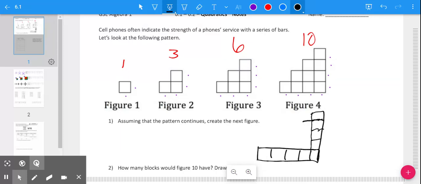So then I'm going to follow the shape of this the rest of the way through. And then it gives it that cell phone tower kind of, or cell phone strength kind of look. So there's figure 5.